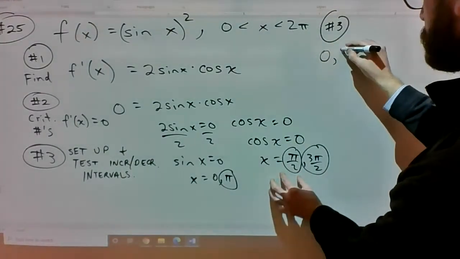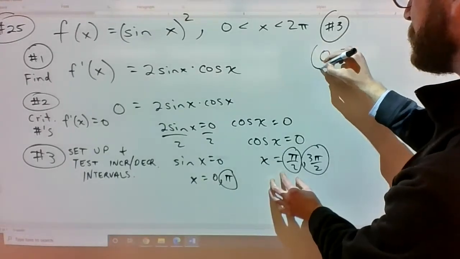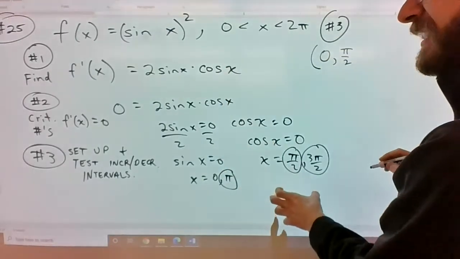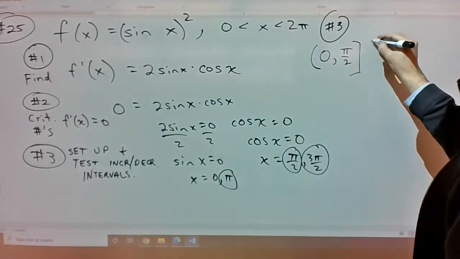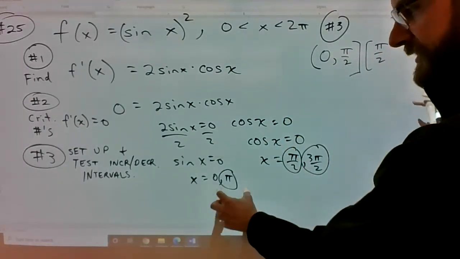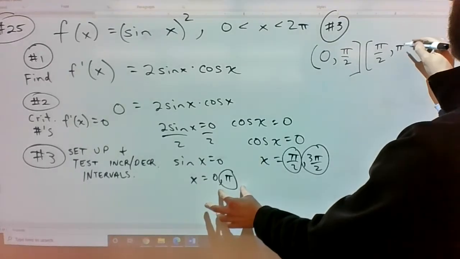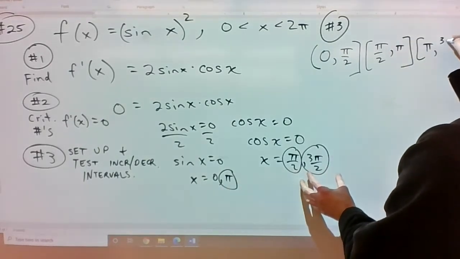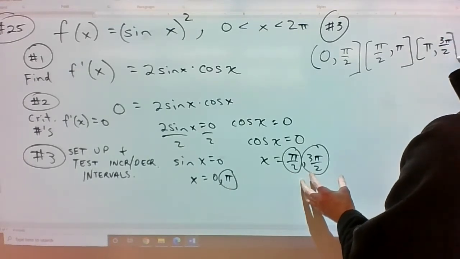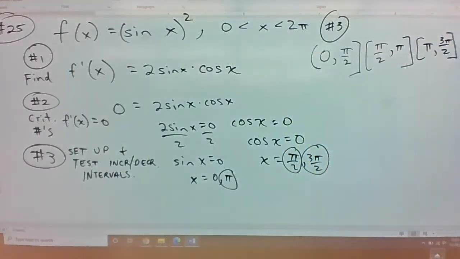Pi over 2 is the first stopping point. I'm going to put a parenthesis here because of that. But because this was a critical number through zeros, that's fine. Then from pi over 2, make a pit stop at pi. Then make a pit stop at 3 pi over 2. And then go 3 pi over 2 to 2 pi.